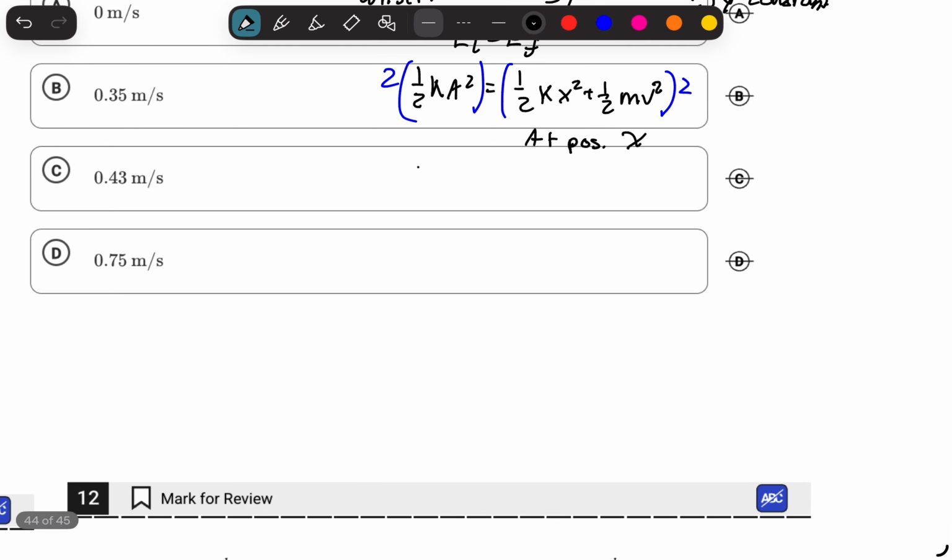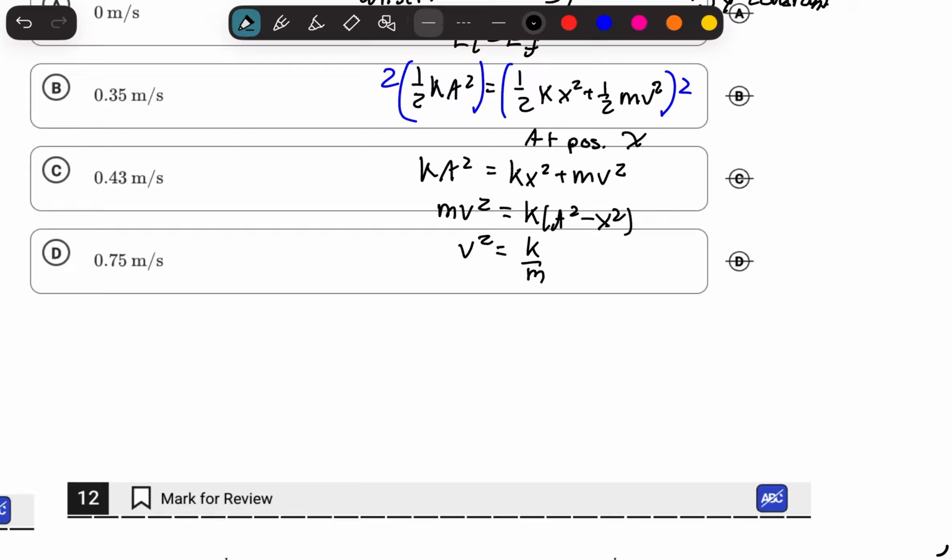And this is just going to be kA squared is equal to kx squared plus mv squared. Now, if we solve for velocity, mv squared is equal to k times A squared minus x squared. And this is going to be v squared is equal to k over m, because you have to divide by m since you want to isolate v, times A squared minus x squared.